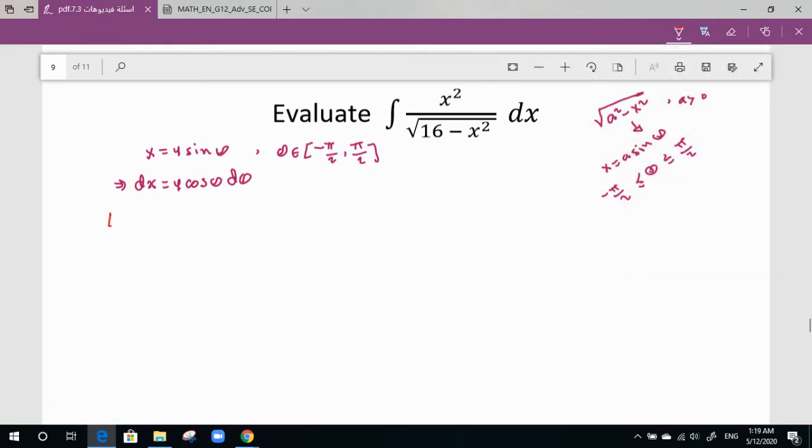I will go back now to my integral and name it I. So I equals the integral of x squared, which is 4 sine theta squared, so 16 sine square theta, over radical 16 minus x squared, which is 16 sine square theta, times dx, which is 4 cosine theta d theta.